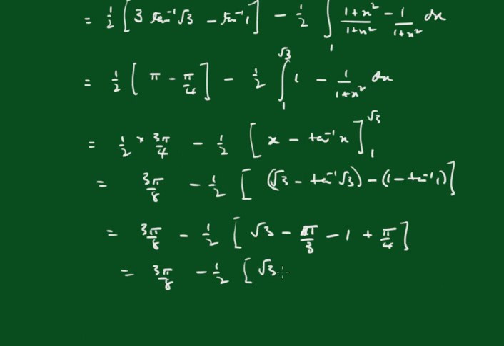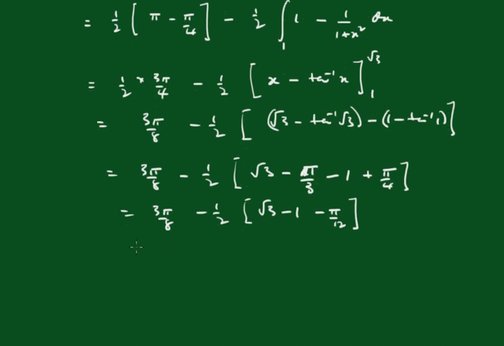Now root 3 minus 1. Now this will be equal to minus pi upon 12. Almost there. And that's going to be 3 pi upon 8.